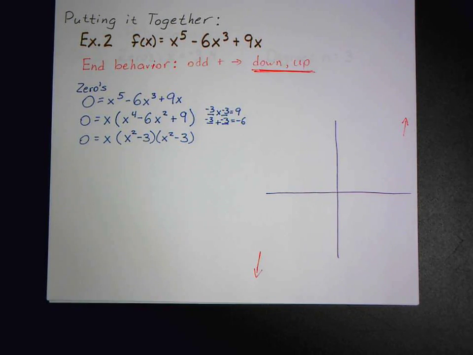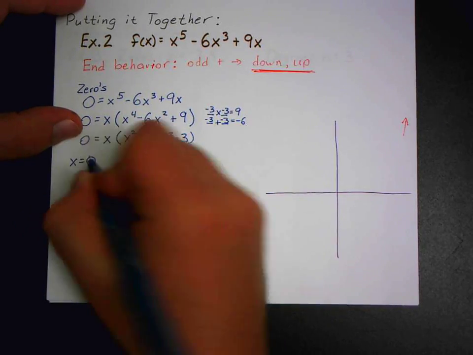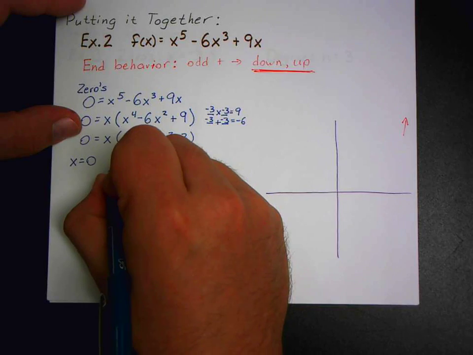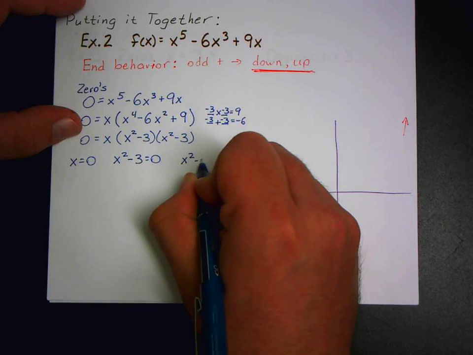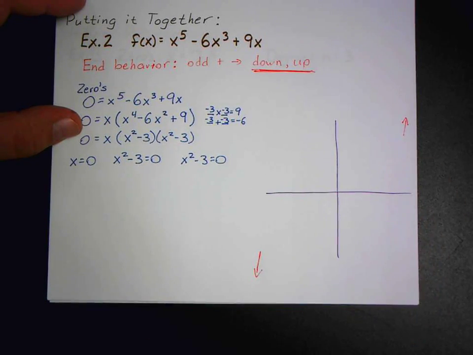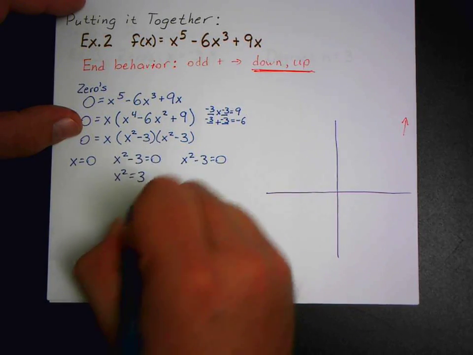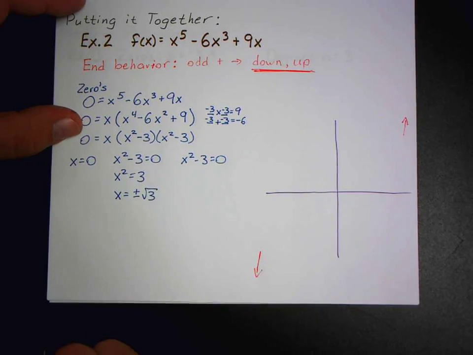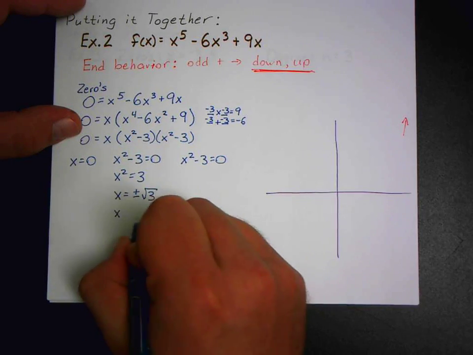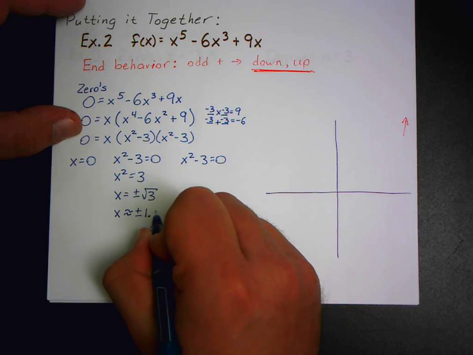So now that I have it fully factored, I set each factor equal to 0 to find my answers. So great, I have x equals 0, x squared minus 3 equals 0, and x squared minus 3 equals 0. Okay, well, that's x squared equals 3. So x equals plus or minus square root of 3. Now, since I'm putting this on a graph, that's about 1.7, right?